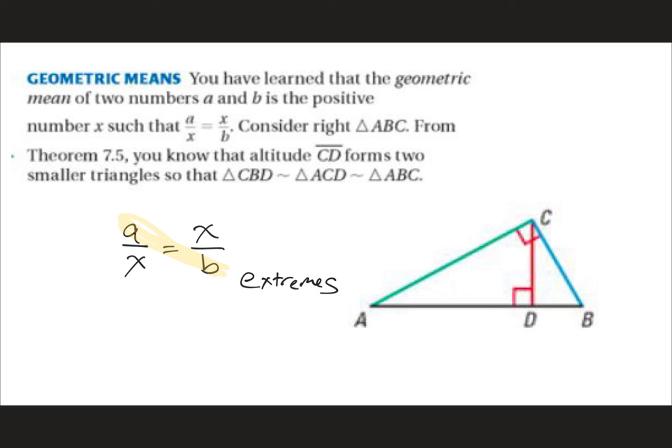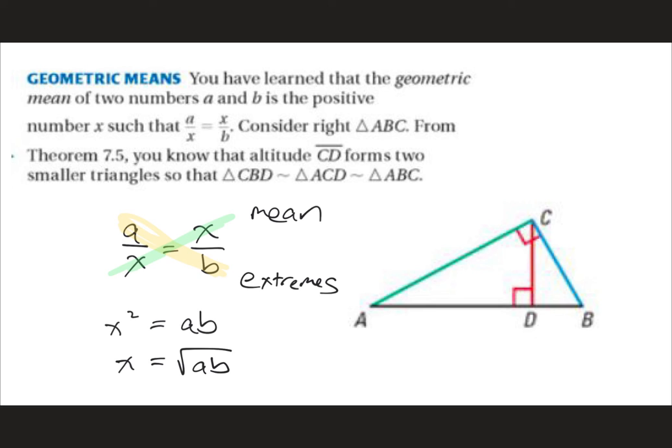That's the high and the low of our data set. And the x and the x, that is our mean. And you'll hear it said that the product of the means, x times x, is x squared, is equal to the product of the extremes, a times b, is ab. So x is equal to the square root of ab.